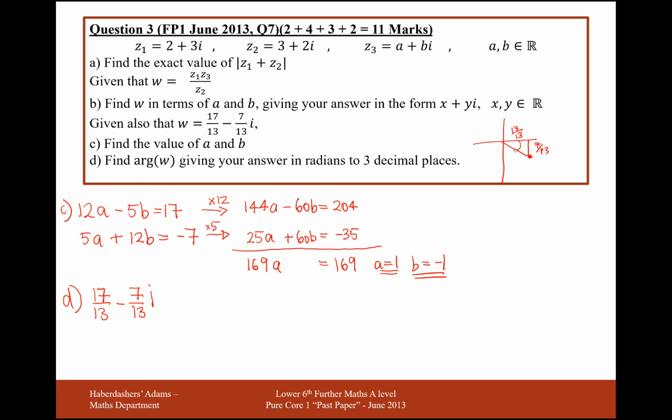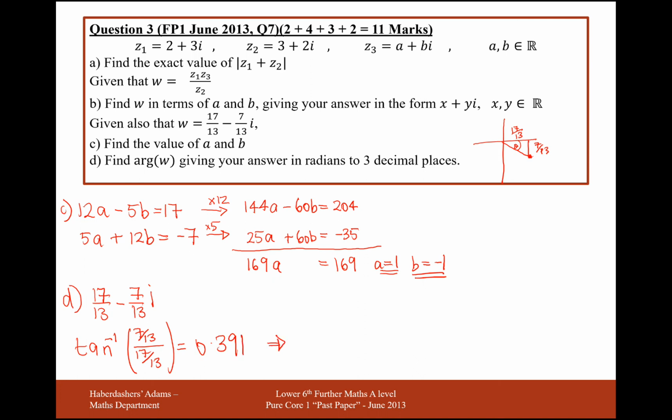Our answer is going to be negative because we're on the bottom of this Argand diagram. So tan minus 1 of the opposite over the adjacent. 7 over 13 over 17 over 13. Get your calculator out, make sure you're in radians mode, and you get 0.391. That's not the final answer.